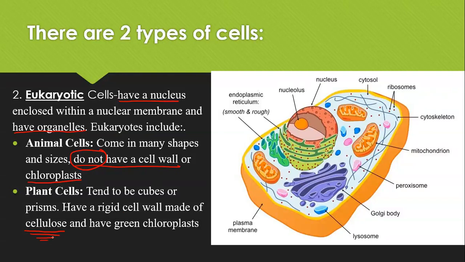Cellulose is a particular type of sugar, of carbohydrate, that plants use to make their cell walls. Later on in Biology 20, we'll talk about other organisms like fungi, and they do not use cellulose for their cell walls. They use something else called chitin. And all plant cells also have chloroplasts, and chloroplasts are where photosynthesis takes place.